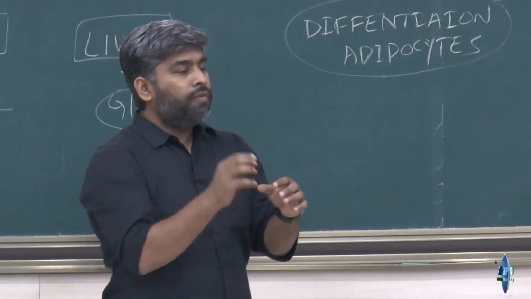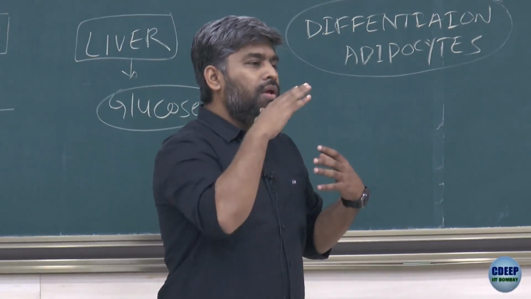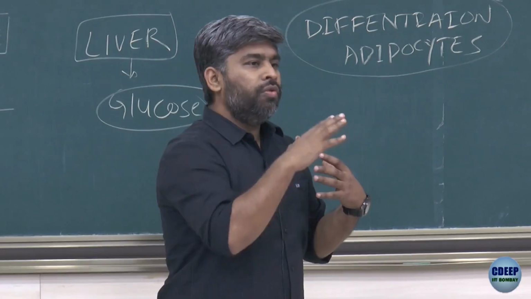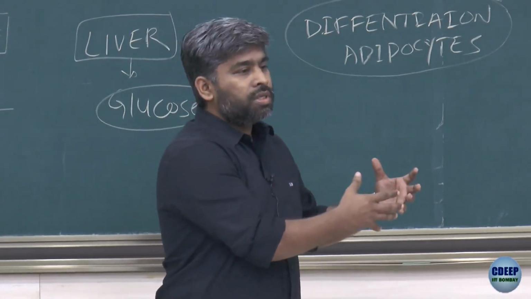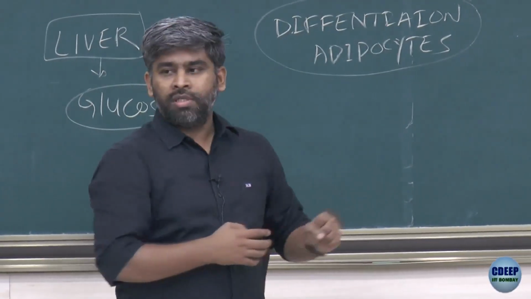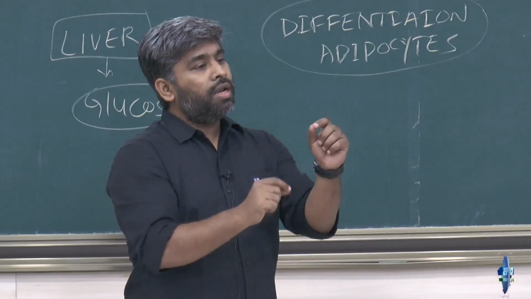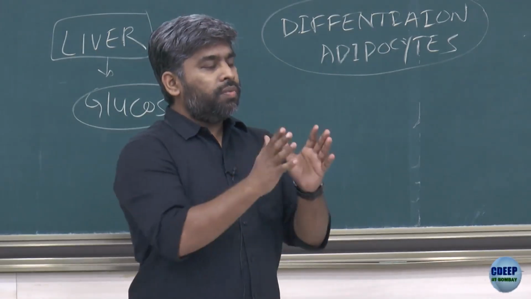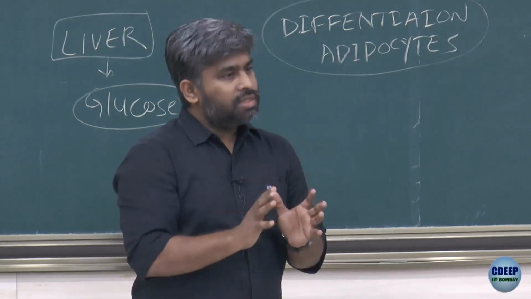Acetylcholine will have a different effect on your heart cells. It will slow down the heart rate when you release acetylcholine, but if you put it on a smooth muscle cell, it will lead to the contraction of muscle cells. You remember? So same neurotransmitter, same receptor, different effect. That's when you have the tissue specificity. That's how it is designed.